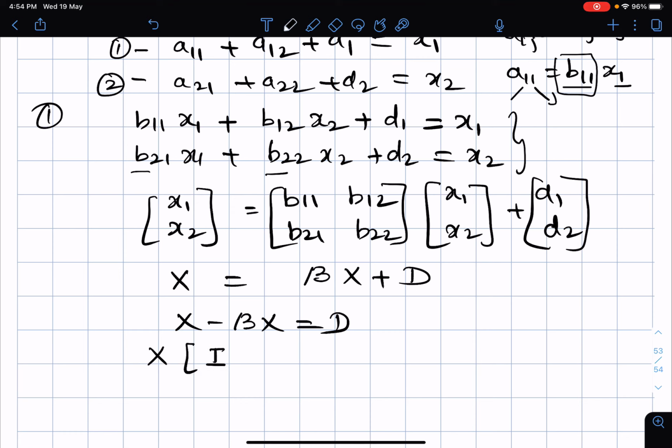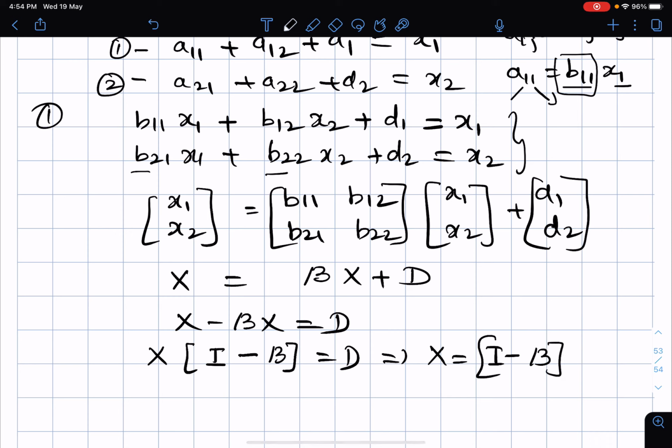Since this is a matrix, you are going to put it as I, and here it is a 2 cross 2 matrix, so you will get I2, I minus b into x equal to d, so you can solve for x, isn't it? So x equal to I minus b inverse into d. When this goes to the right hand side, you will take its inverse into d. So this is the solution for our input output table.